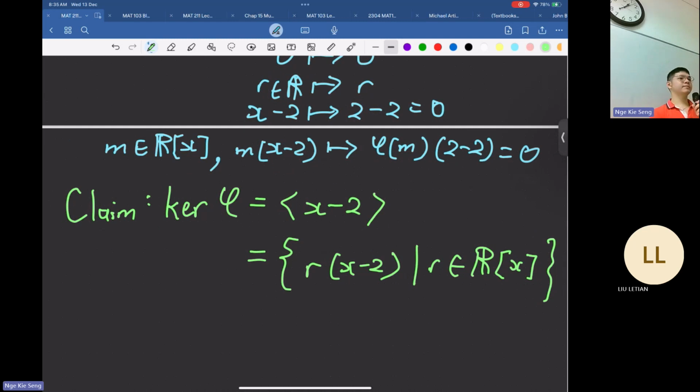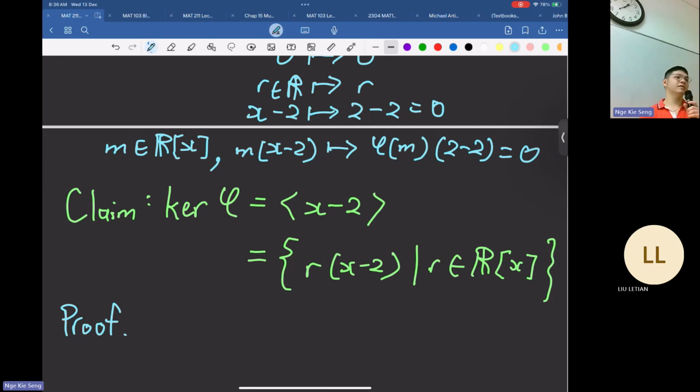How to prove this? This is an equality of sets, so you need to show two subset inclusions, left to right and right to left. You need to show that the kernel of phi is a subset of the principal ideal, and the principal ideal is a subset of the kernel of phi.